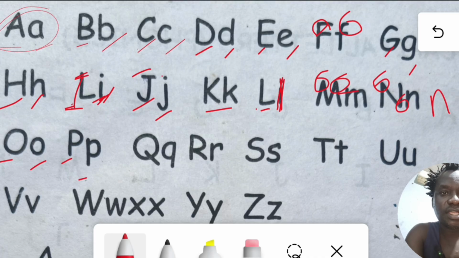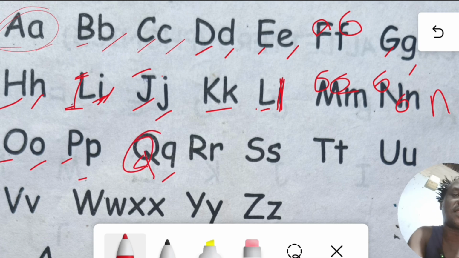You can see capital Q and small q. Capital Q is just like an O with a slash in there. R is also different. Capital R and small r don't look the same.